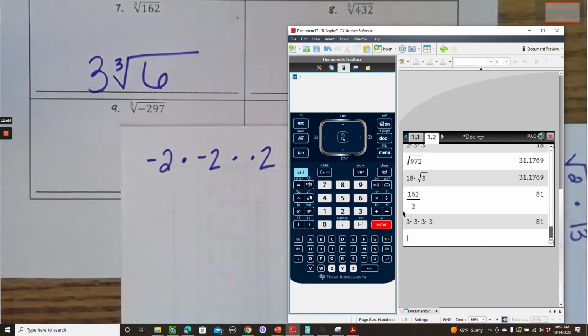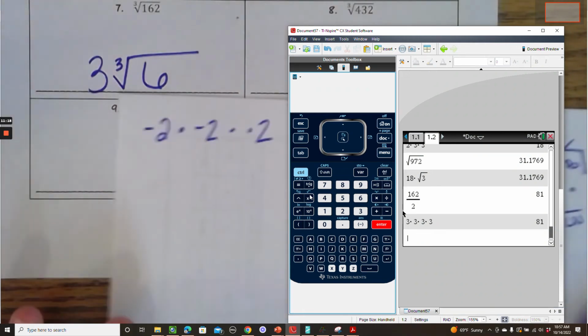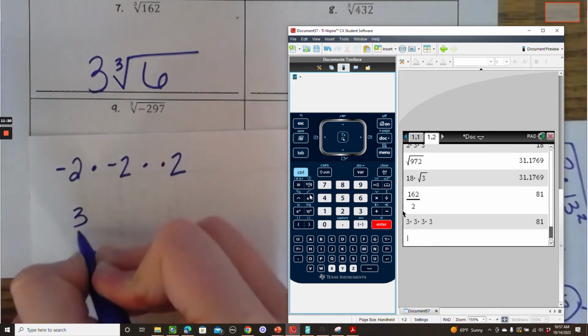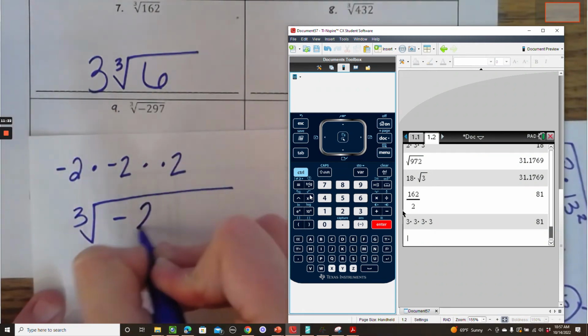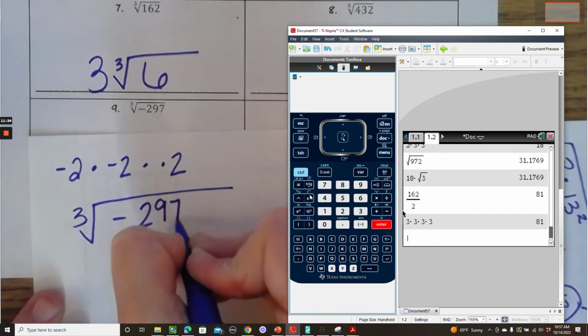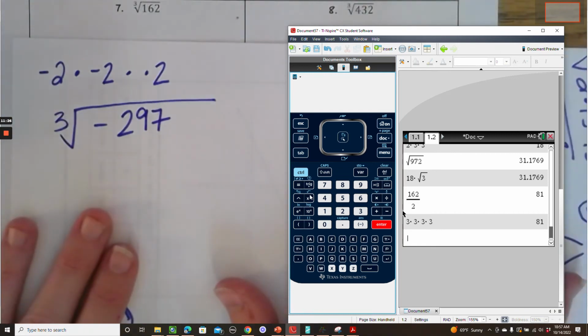There are no 2 numbers that you can multiply together, the same number, that will give you a negative answer. So cube roots can have a negative radicand, what's underneath the radical. So if we do 3 and the negative cube root of 297.